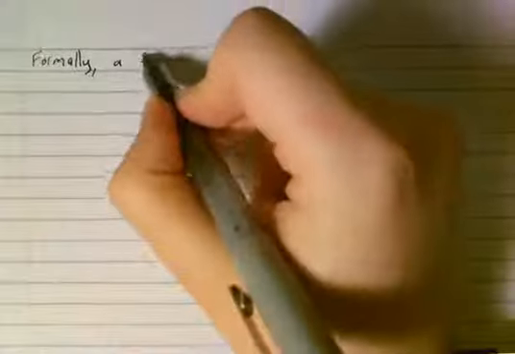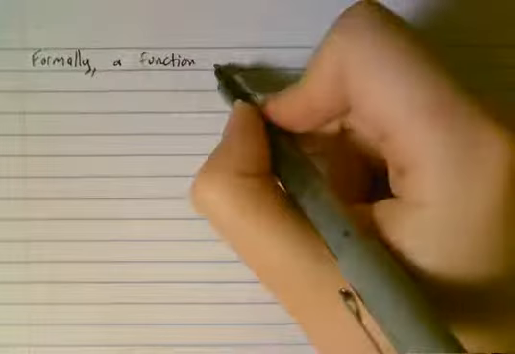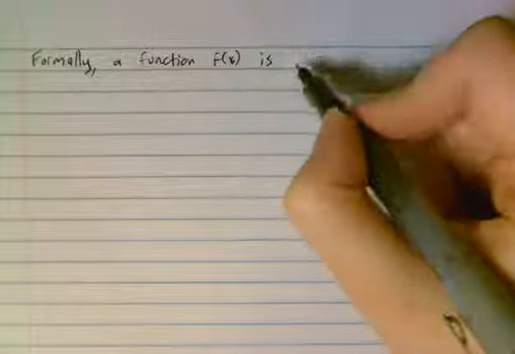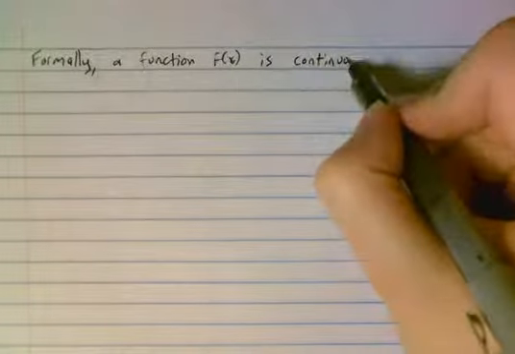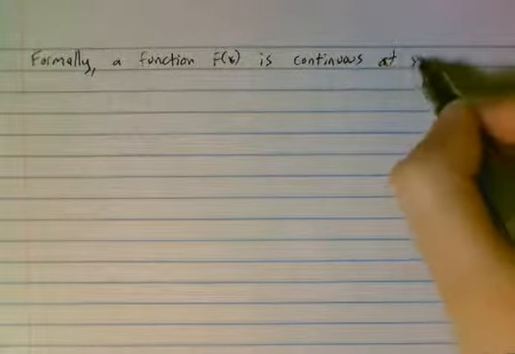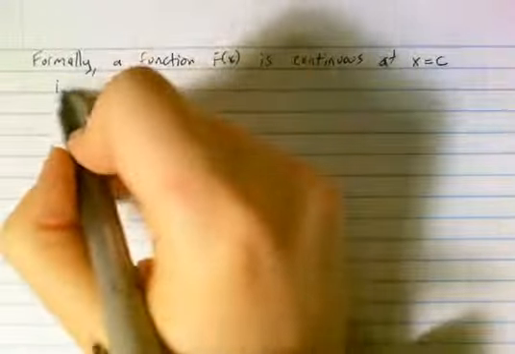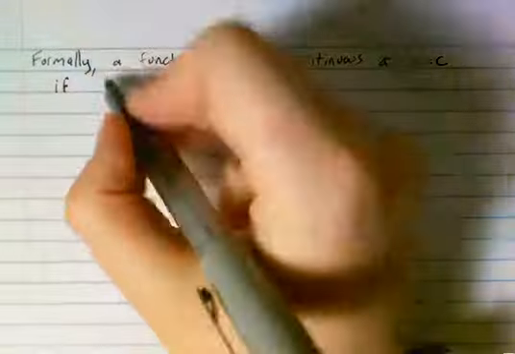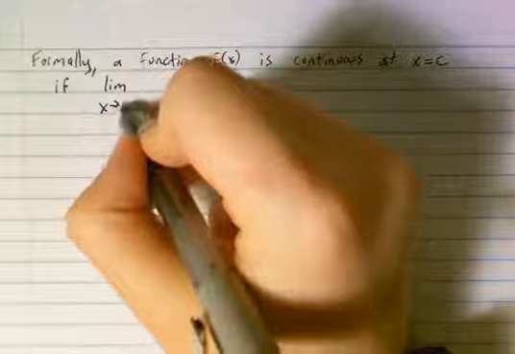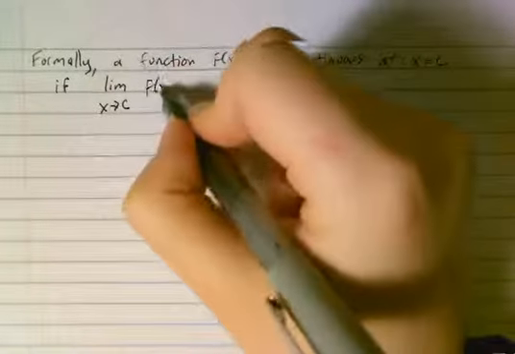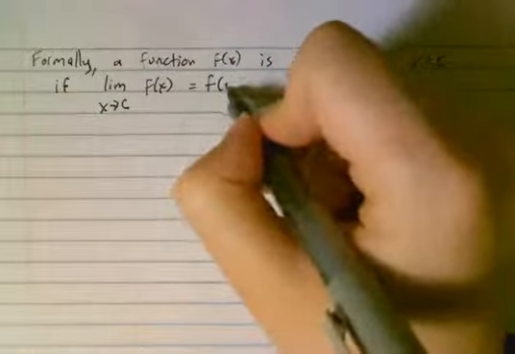The formal definition of continuity is a little bit different. It involves limits, which is why it's in this unit. A function f of x is continuous at x equals c if the limit as x approaches c of f of x equals f of c.